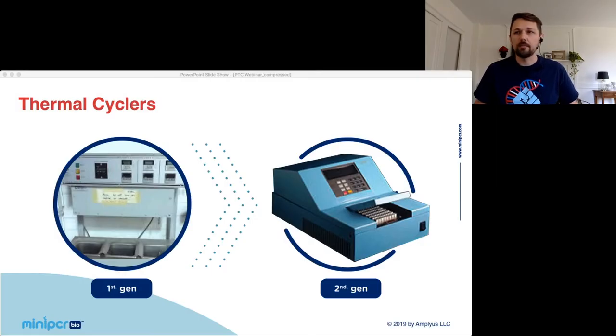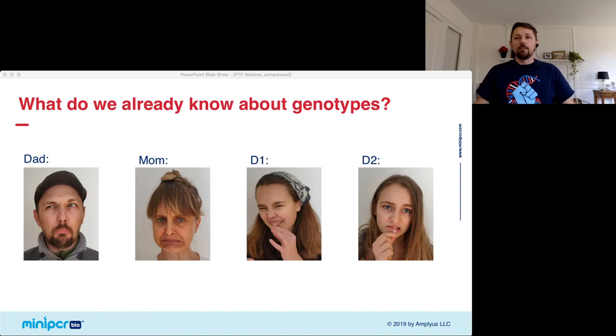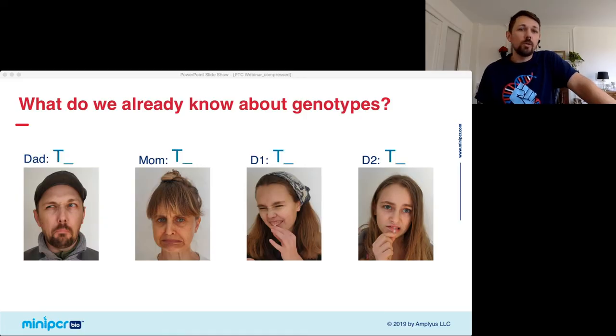Let's jump back here. All right, so remember, we're genotyping my family. So dad, that's me, mom, and 2 children. What do we know about the genotypes already? Well, we said that we're all tasters, and we said tasting is dominant. So we know that we all have that big T taster allele.